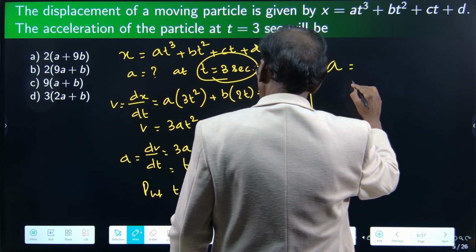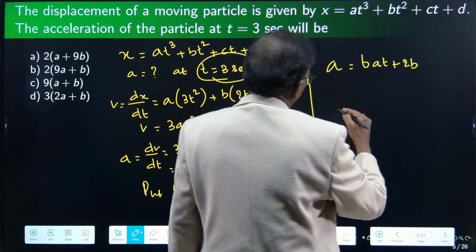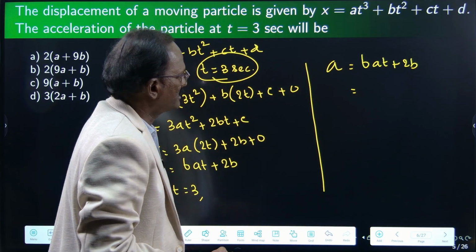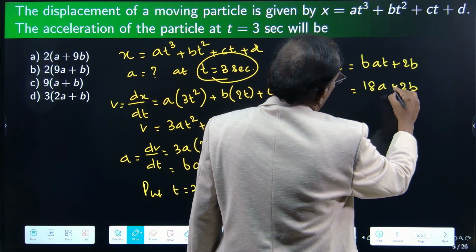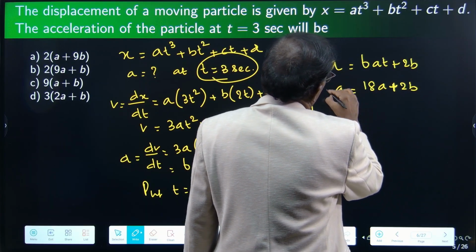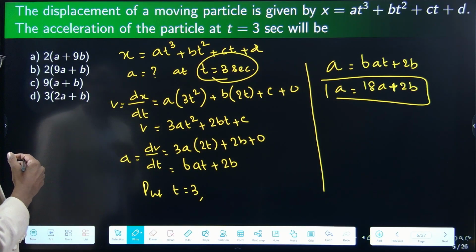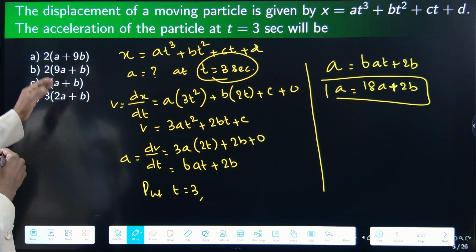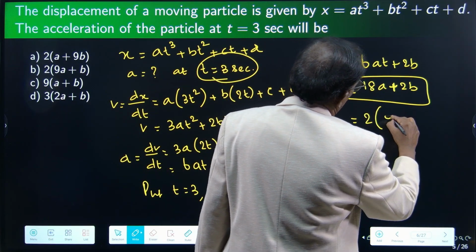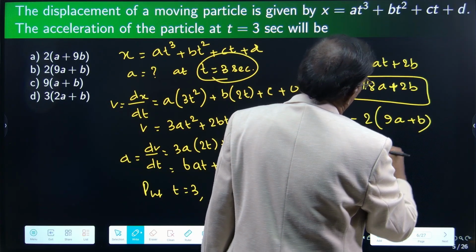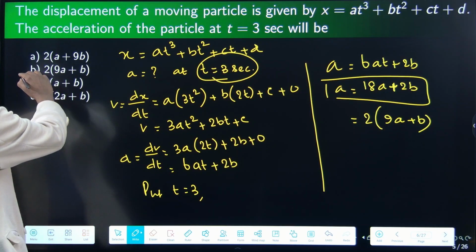A is equal to 6at plus 2b. If I put t is equal to 3, 6 into 3 is 18a plus 2b. Acceleration after t is equal to 3 seconds is 18a plus 2b. So let us take 2 outside. So this is 2 of 9a plus b. This is the answer, option B.